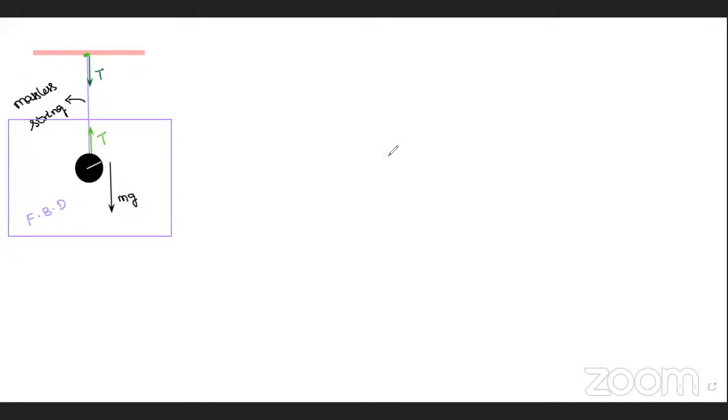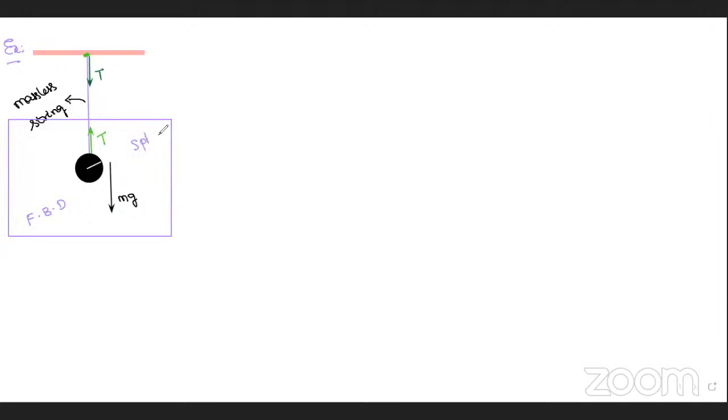In all the cases, next in numericals also, you have to check the problem in the same way. That's what I'm saying. After drawing the free body diagram, you have to check whether the mass is at rest or in motion. Luckily, in my example, I observed that the mass is at rest.